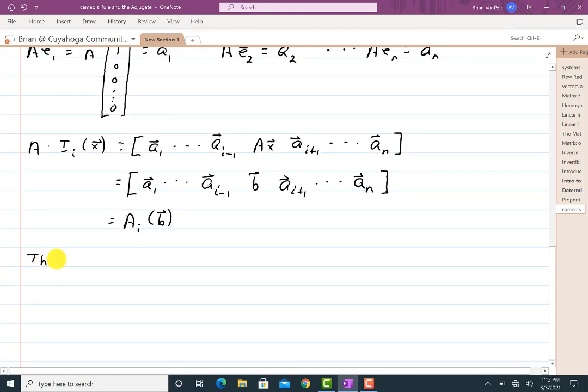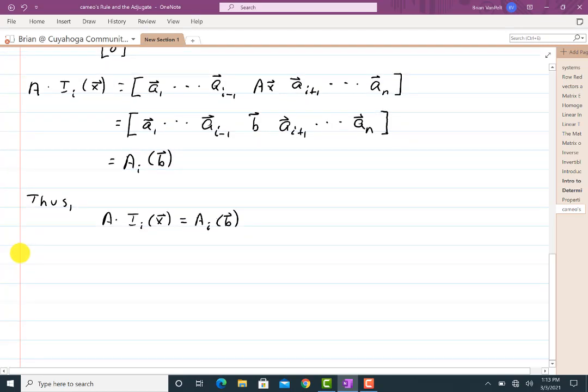So thus A times I sub i of x equals A sub i of b. Take the determinant of each side.